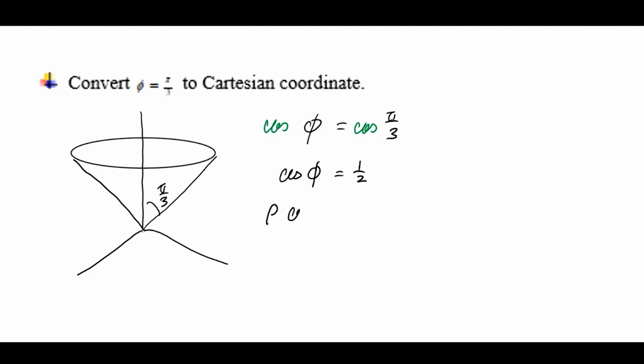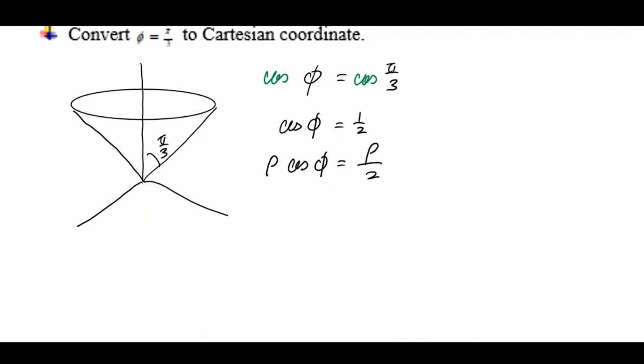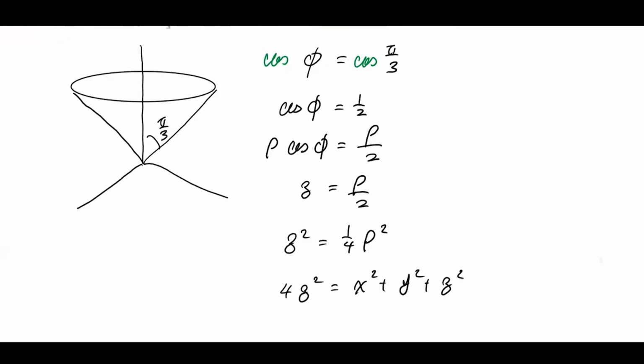So we have rho cosine phi is equal to rho over 2. What is rho cosine phi? It is z. Can I square both sides now? But then what's rho squared? Multiplying 4 over here. Rho squared, of course, is this, right? Simplify.